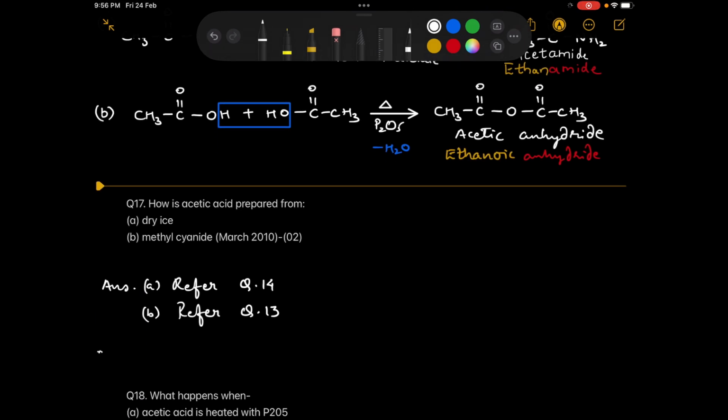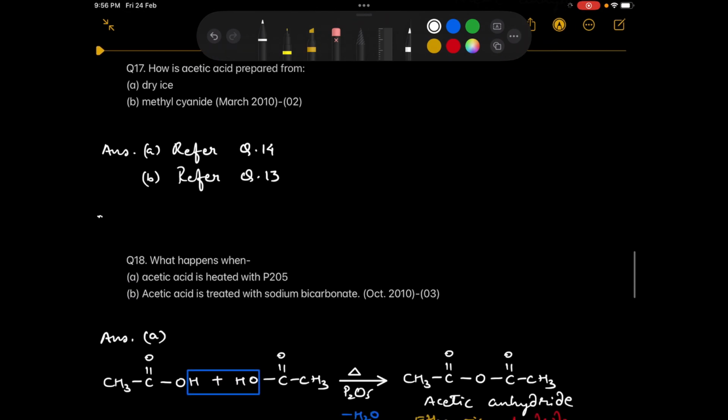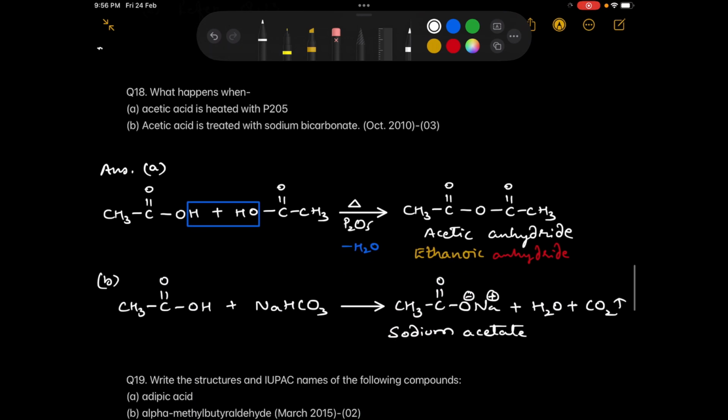How is acetic acid prepared from dry ice and methyl cyanide? You can refer question number 14 and question number 13 for this. What happens when acetic acid is heated with P2O5? Again, it's a repeated question on top, wherein the question was put in some different words, that how you can convert acetic acid into acetic anhydride. So we are using phosphorus pentoxide.